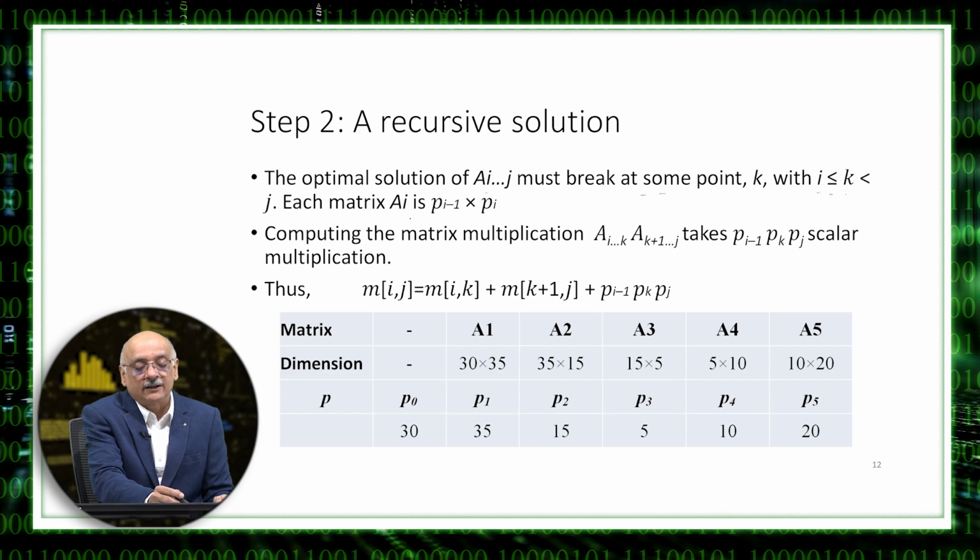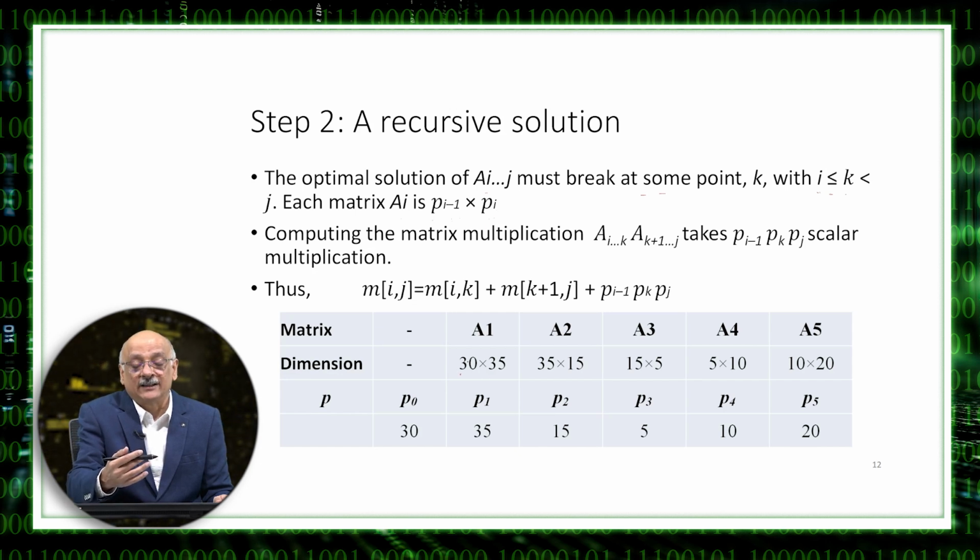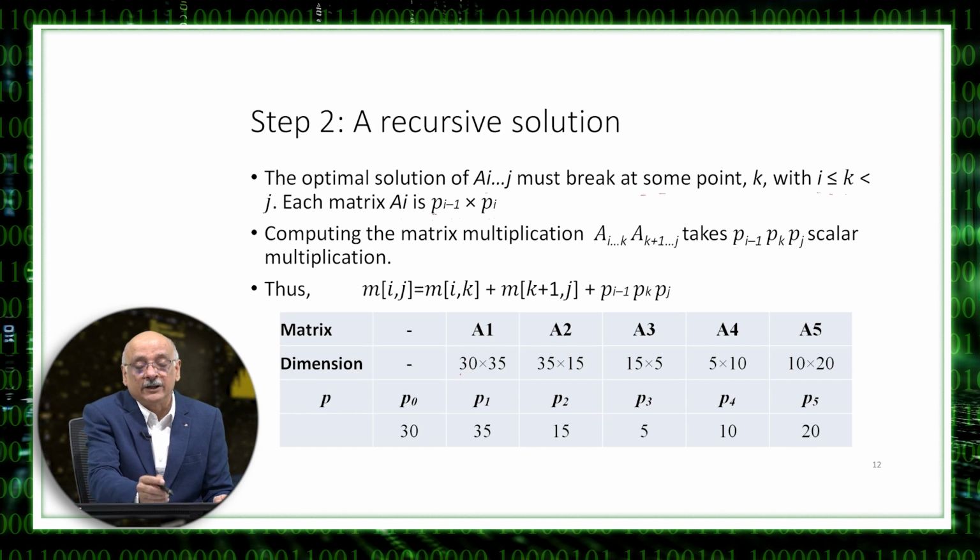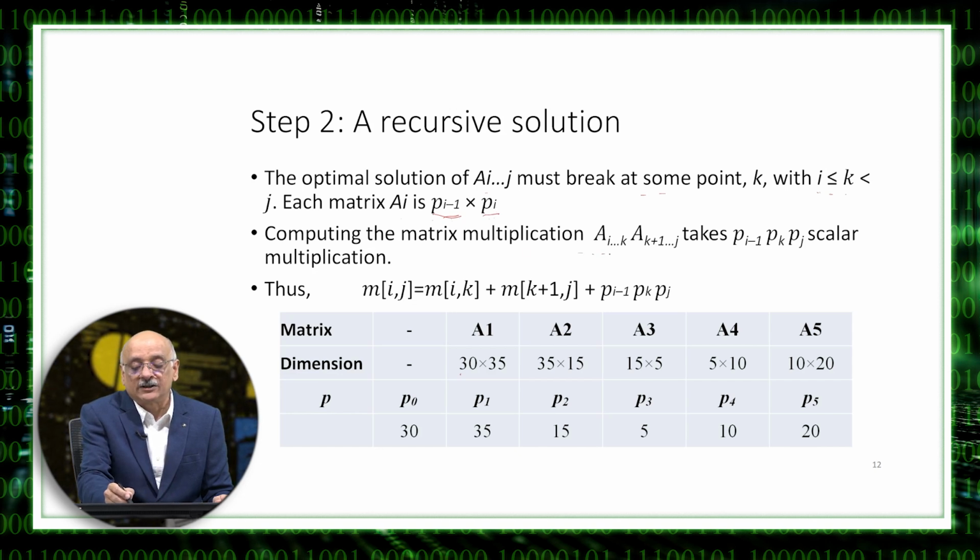Each matrix Ai is of the size p(i-1) into p(i). This is how we are going to recognize a matrix. Two dimensions are there, and the first dimension is going to be one less than that. This is very, very important. We will handle this as a case. Computing the matrix multiplication of Ai to Ak and Ak+1 to Aj takes what size?